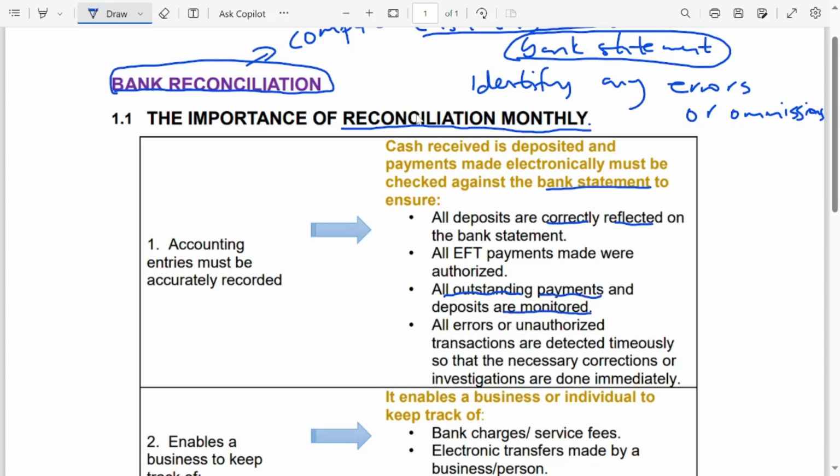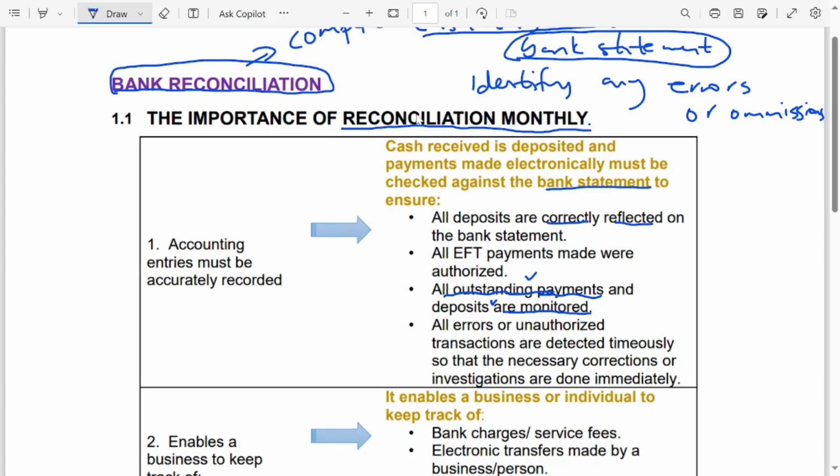Now, what does this mean? They're talking about the outstanding payment and the outstanding deposit. Let me start with the outstanding payment.